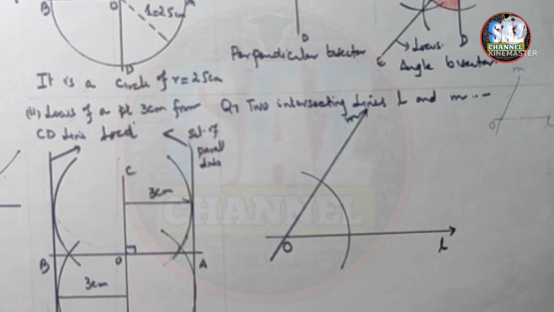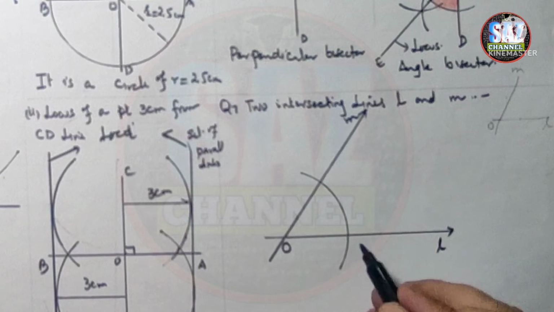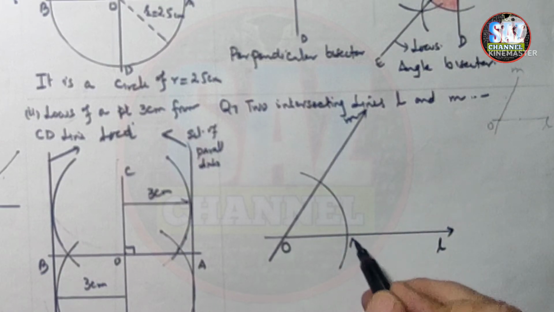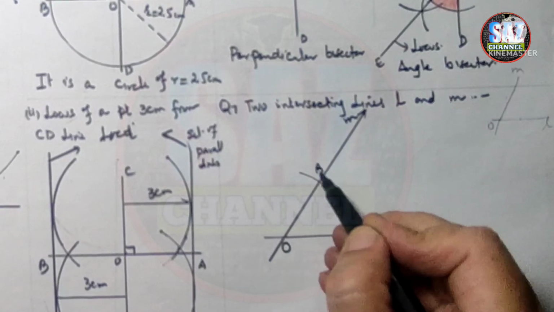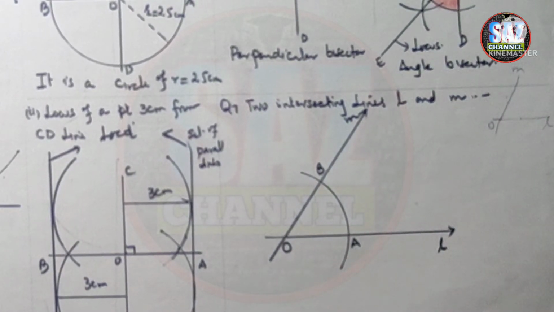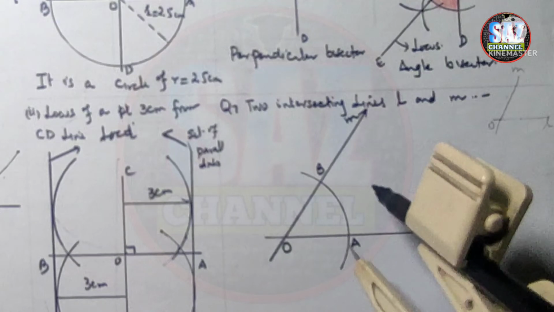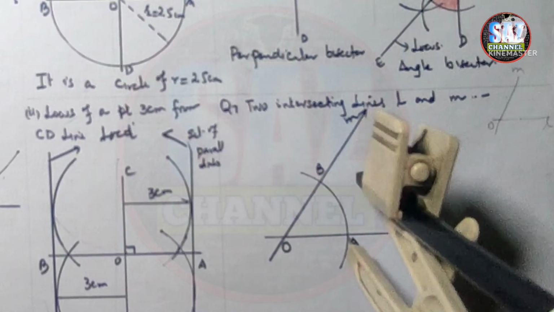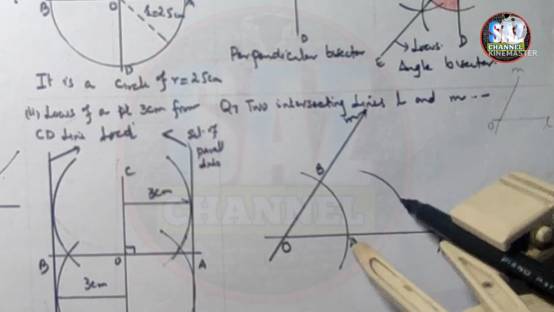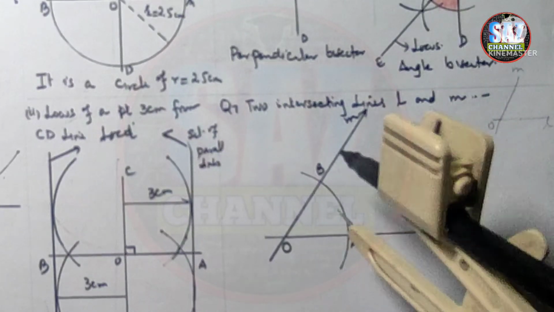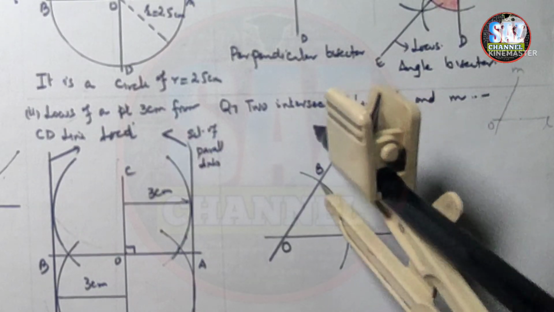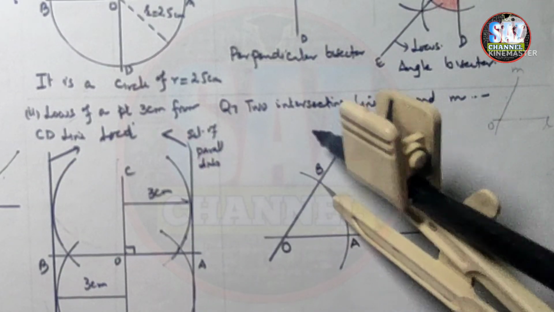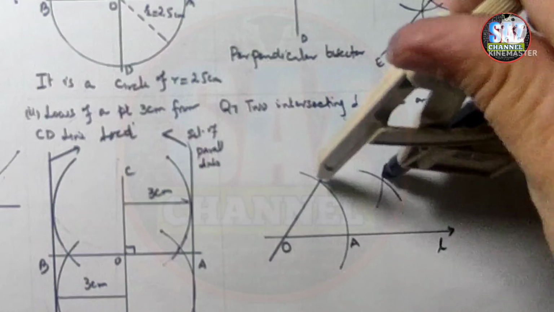That arc will meet the angle arms at 2 points, let those be A and B. And now with the same open compass, keep the needle at point A and mark the arc in the angular region, and then repeat the process for the other vertex, and you will have this petal type formation in your working.